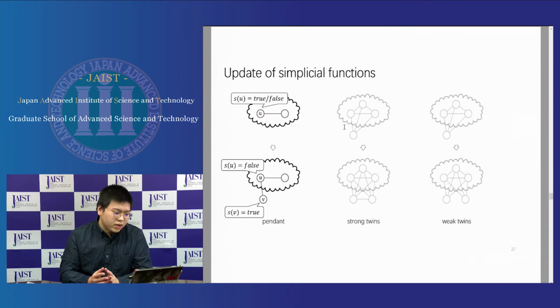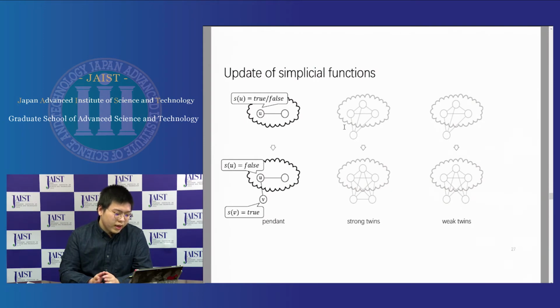Now we consider how the simplicial function updates as we do the generation of the Ptolemaic graphs. First, for the pendant case, whether the vertex u is simplicial or not, when we add a new pendant on it, it becomes false, since the new pendant is not adjacent to all the original neighbors.